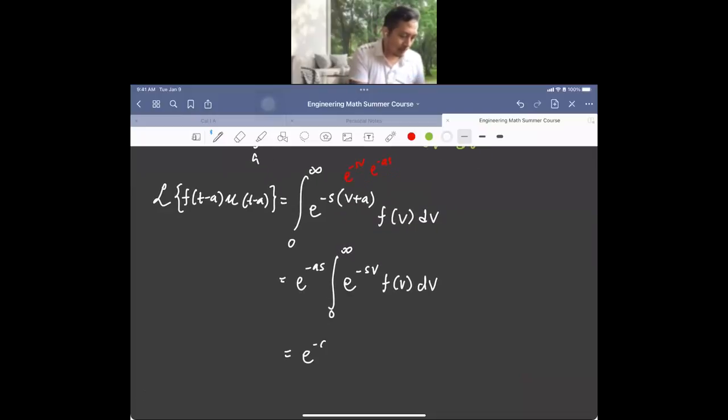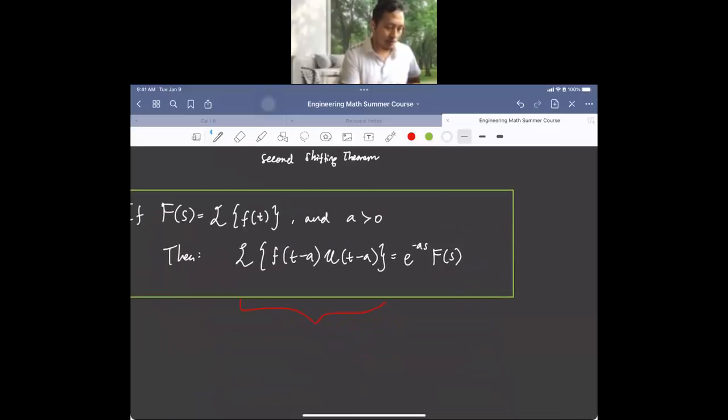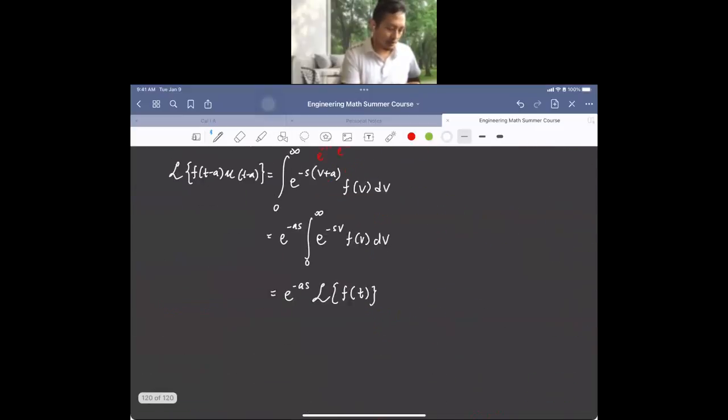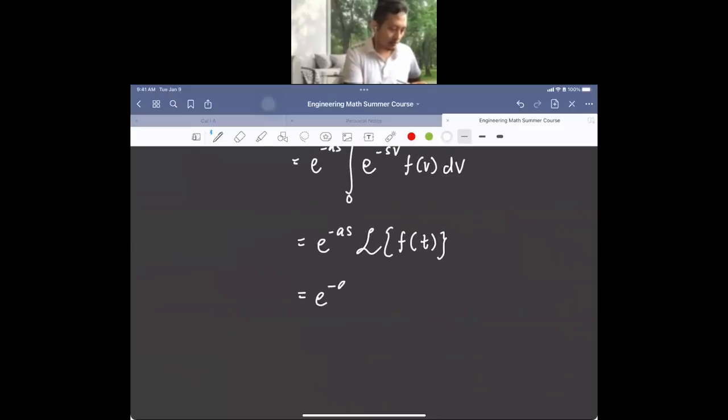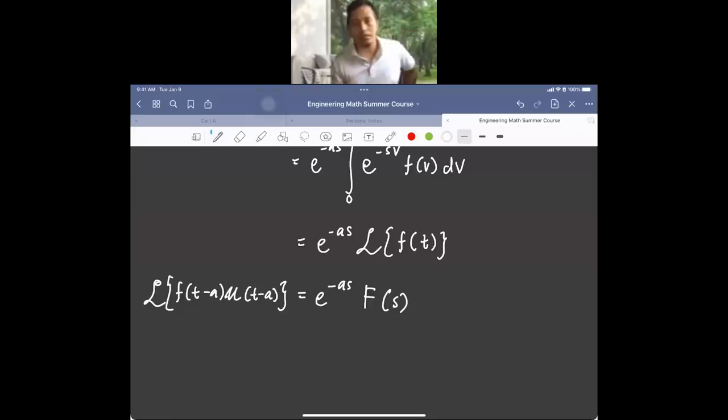What remains is the Laplace of f(t), or f(v) if you want, but it's still the same, just changing the variable t to v. It's precisely what we set out to prove: the Laplace will be the capital F. So the Laplace of f(t minus a) Heaviside(t minus a) is equal to e to the power of negative as multiplied by the capital F(s).